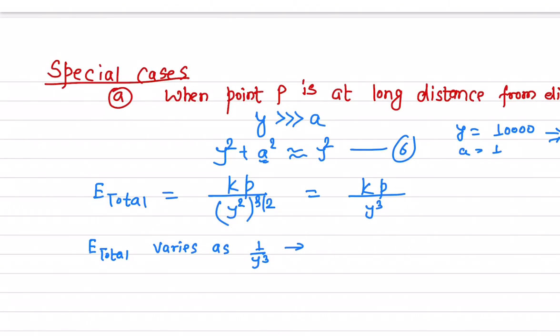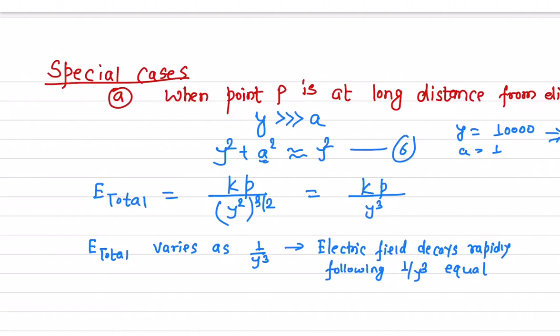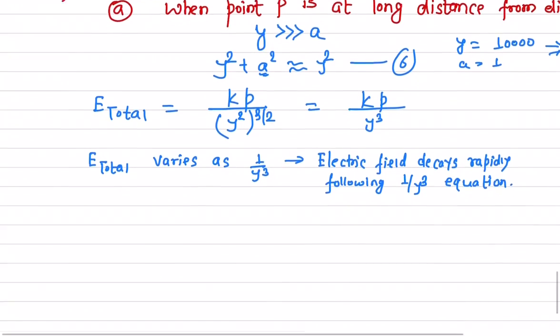That means the electric field decays much more rapidly, following the 1 over y cubed equation, compared to a point charge.